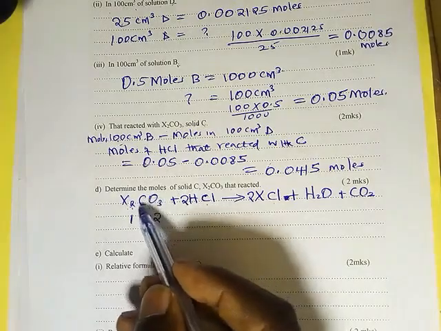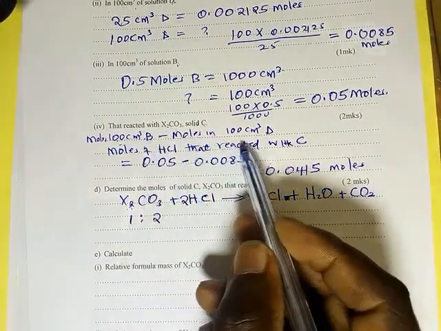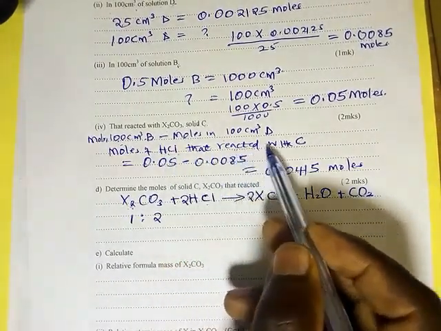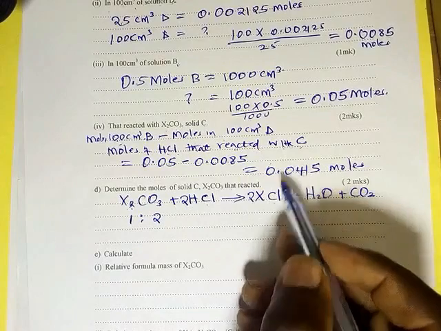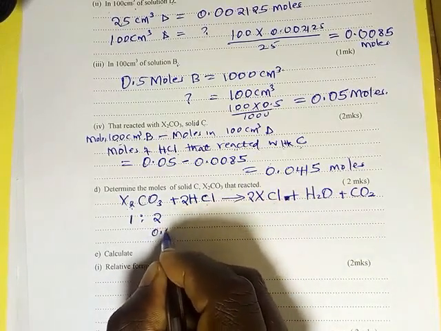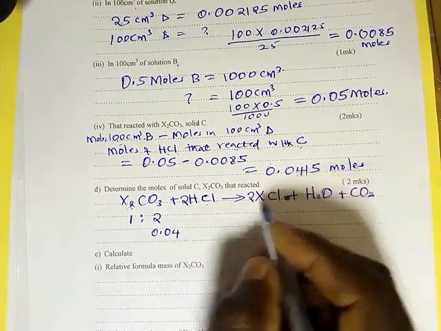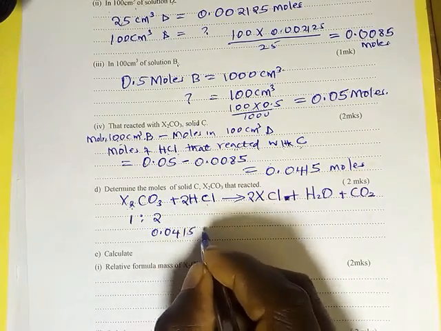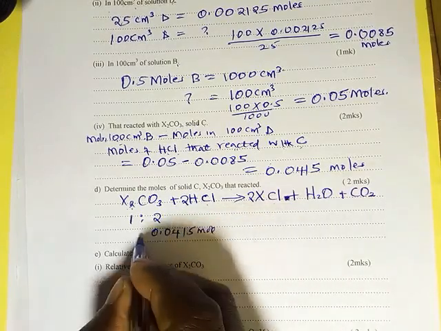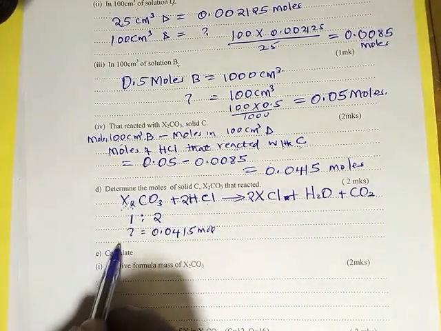But we have the number of moles of HCl that reacted with the carbonate. The number of moles of HCl is 0.0415 moles. So we ask, the carbonate will contain how many moles?